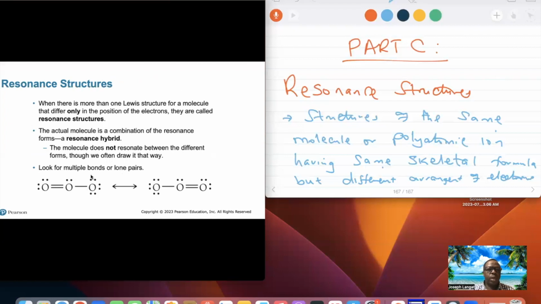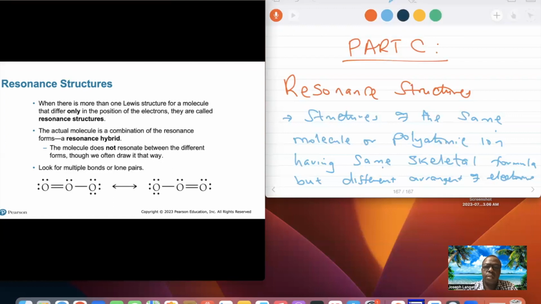There are two resonance structures for ozone. If you look at the skeletal structure, they differ only by the position of the double bond. When more than one Lewis structure is possible and they only differ in the position of electrons, we call those resonance structures.